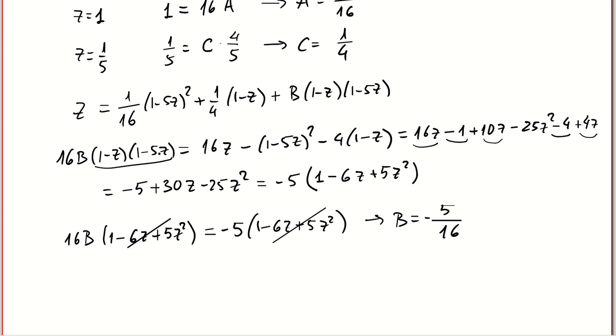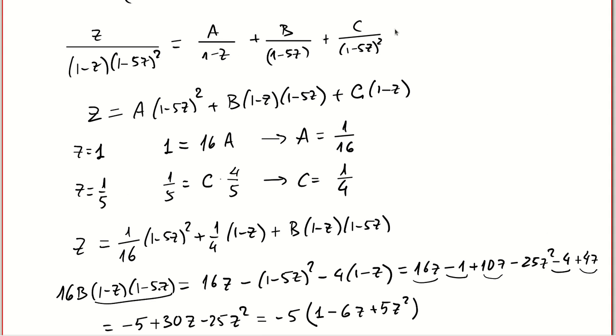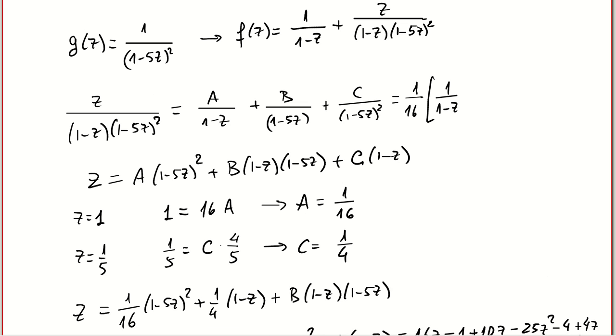Now we have all three coefficients, right? So this expansion here is equal to, I can factor out 1 over 16 here. 1 over 16 is 1 over 1 minus z, right? Now b is minus 5, okay? It's minus 5 over 1 minus 5z.